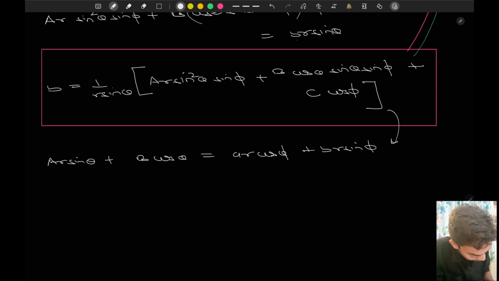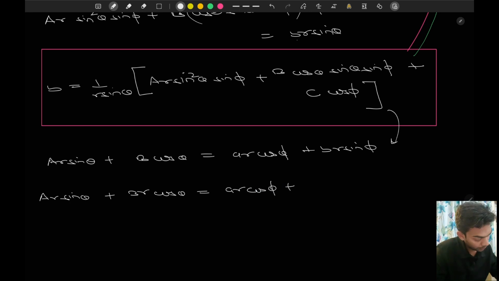We have AR sine theta plus BR cos theta is equal to AR cos phi plus, sorry, not B, it is R sine phi multiplied by B. So we have to plug this b here.